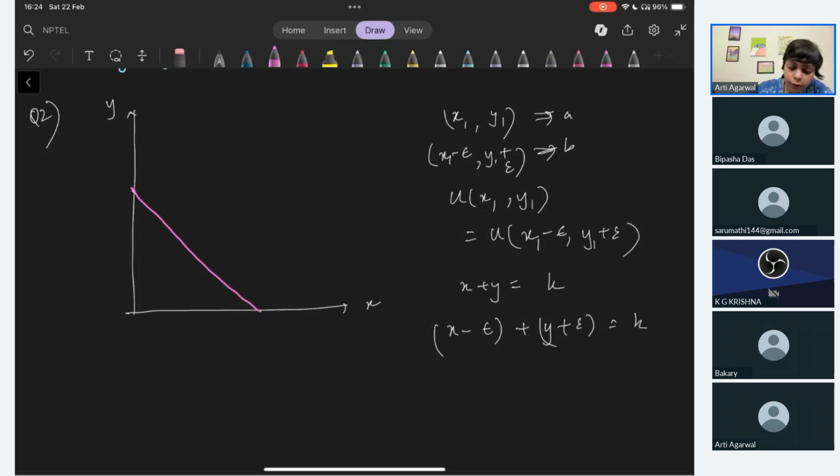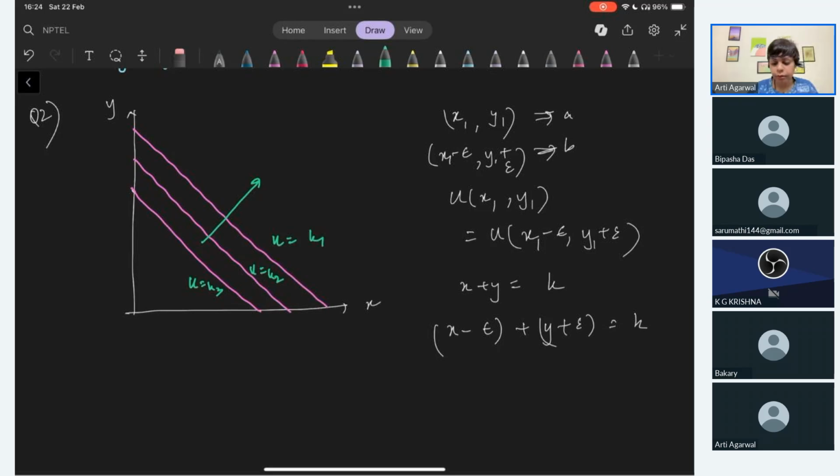The different values of k give you different levels of utility, but along any one straight line the utility is constant. So here u is equal to k1, here u is equal to k2, u is equal to k3, and it's increasing in this direction because you always want to have more of both goods.